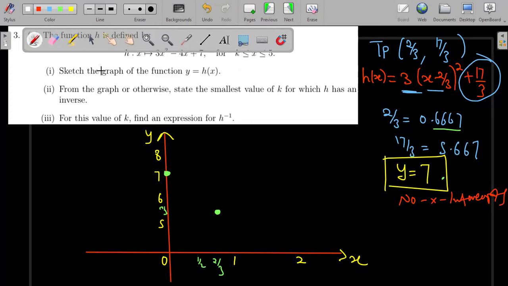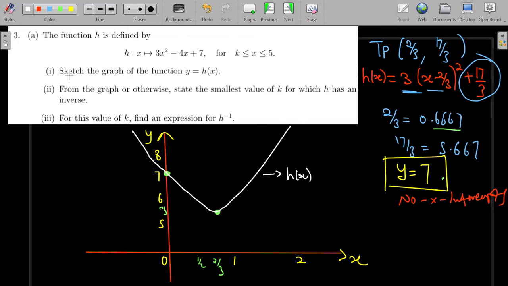If I sketch it, the curve comes down like this, reaches the turning point, and then goes up like this. This graph that I've drawn is the graph for h of x equals 3x squared minus 4x plus 7.